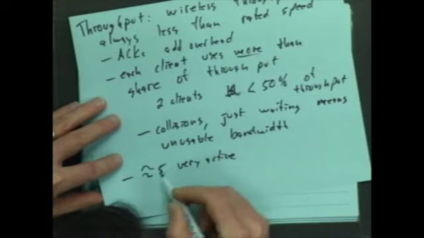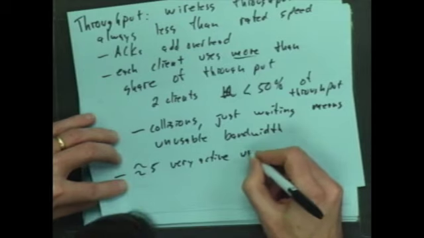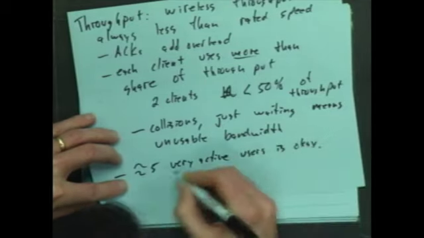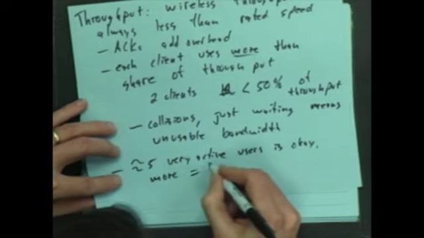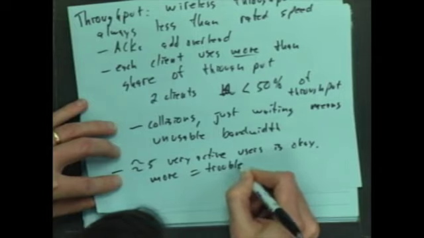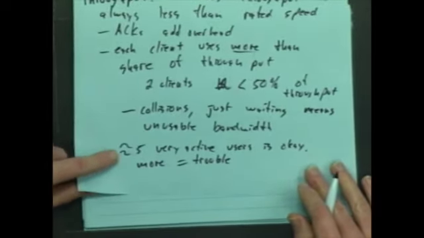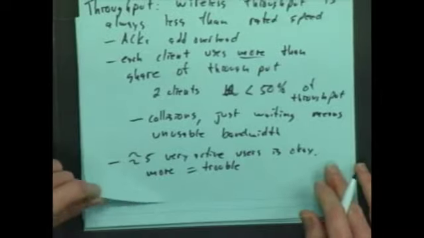So if you have 5 people doing something at the same time, your network is probably okay. Anything more, you're going to have trouble, okay? So if you got 10 users, you want them to be sitting around doing nothing a lot. About 5 is about all you can get out of it.